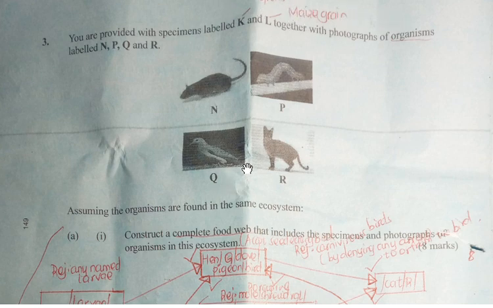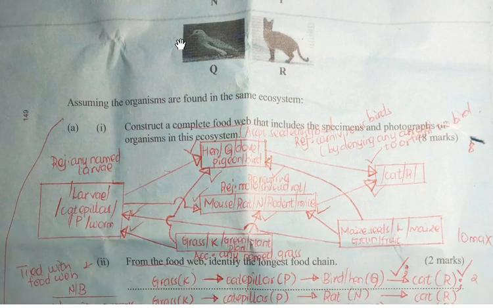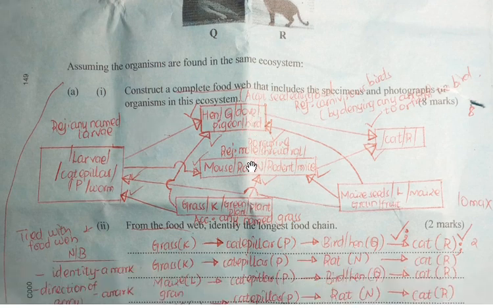We have K, which is grass, and L, maize grain. N is a mouse. Then Q, a bird. R, a cat. Then P, a caterpillar. A food web is just an interconnection of food chains, and the food chains, or in that case the food web, must start with a producer.